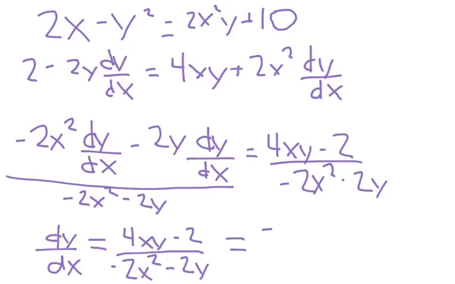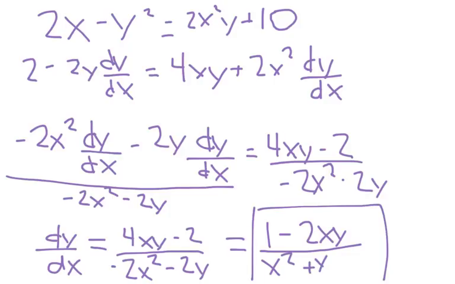It simplifies to 1 minus 2xy over x squared plus y, which is what it is asking you to find, and that's your answer.